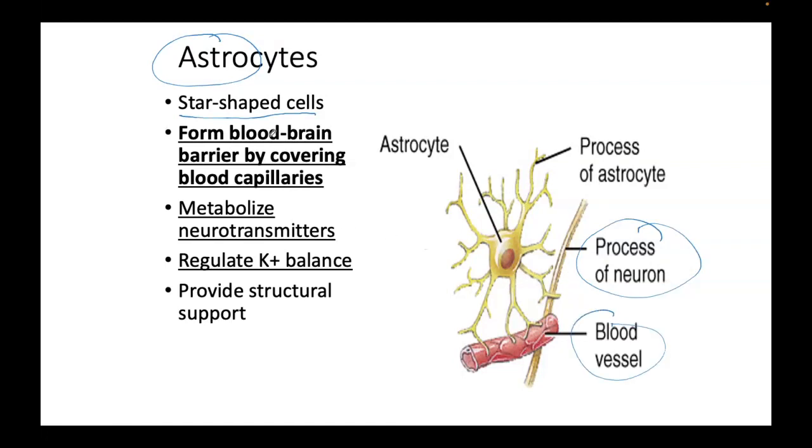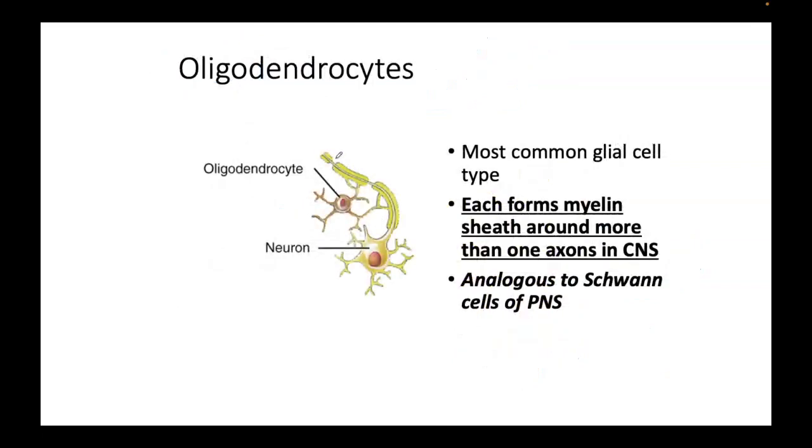So it makes up what we refer to as the BBB, which is the blood-brain barrier. It forms the blood-brain barrier. It's the connection. It's involved in metabolizing neurotransmitters, regulating the balance of potassium and sodium that are involved in nerve conduction. So that's the astrocyte, the blood-brain barrier.